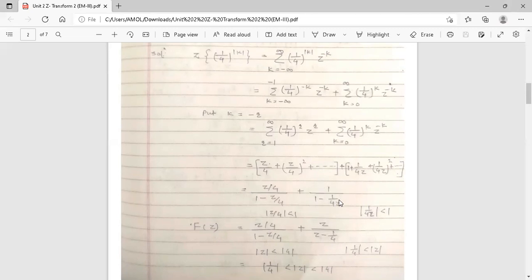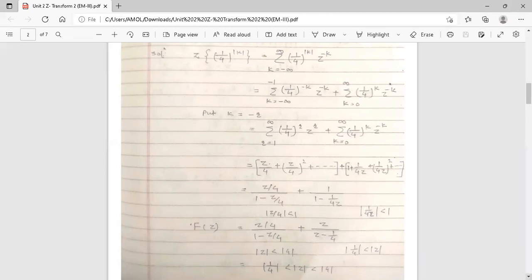Here you take 1 by z common in the denominator. If you take 1 by z common, the simplified term is z upon z minus 1 by 4. And the condition for that second term is mod of 1 by 4z is less than 1. So you shift this z to the RHS so that the condition will be mod of 1 by 4 less than mod z.